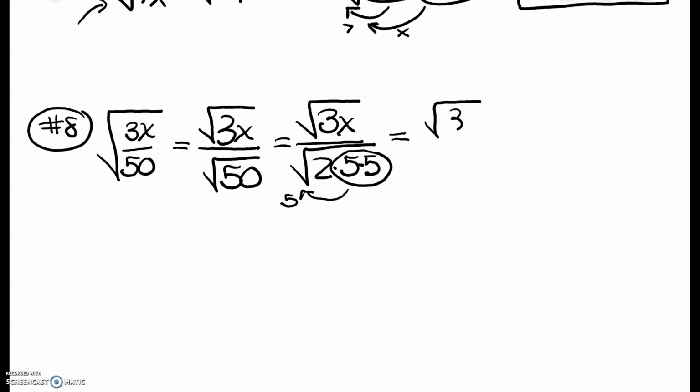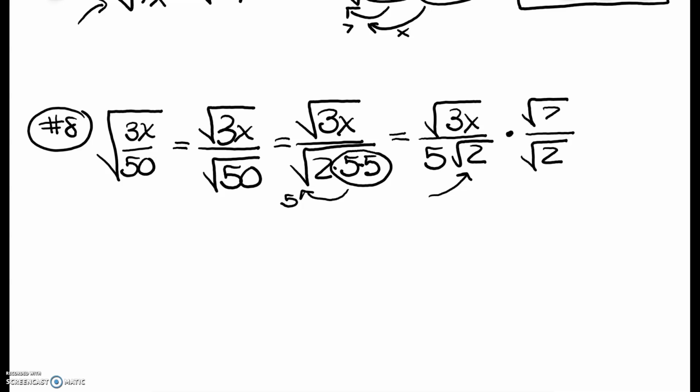And I end up with 3x over 5 square root of 2. So now I need to get rid of this radical in the denominator. I have 1, 2 in the radical, so this is a square root, so I need another 2 under the radical.